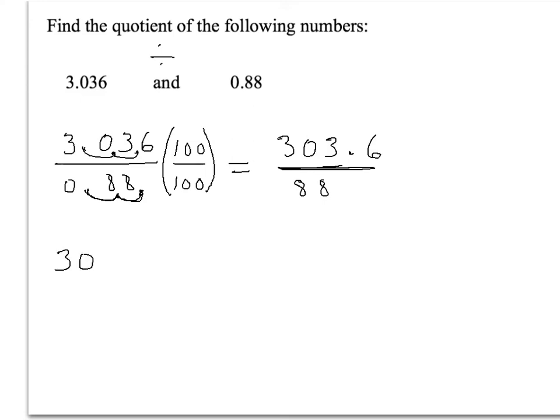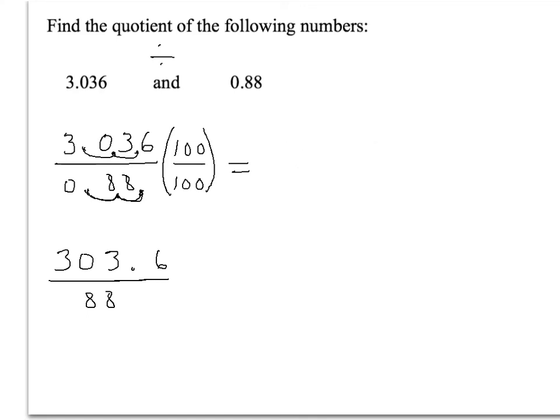So, rewriting it, give myself some room here. 303.6 divided by 88. And you know the routine, clean this stuff up because I got limited room, and rewrite some stuff. Okay, the division box, and what goes on the inside?